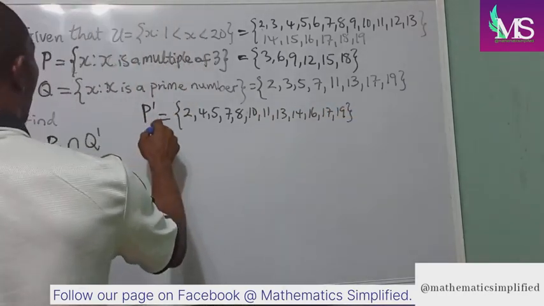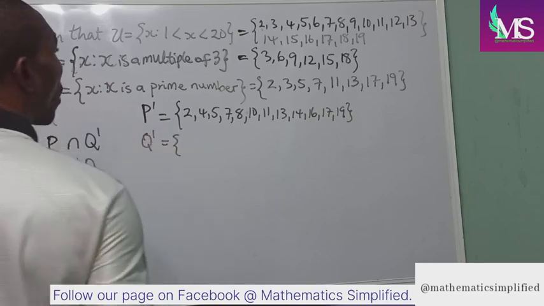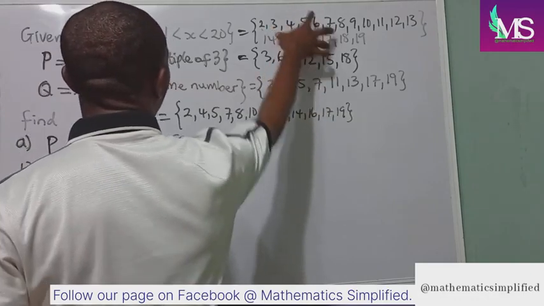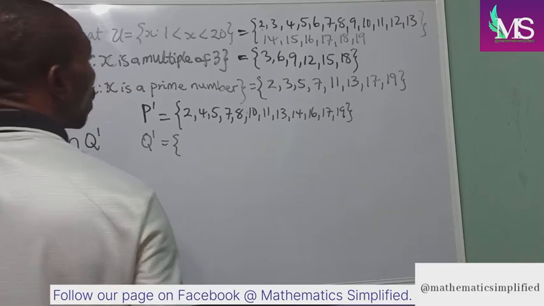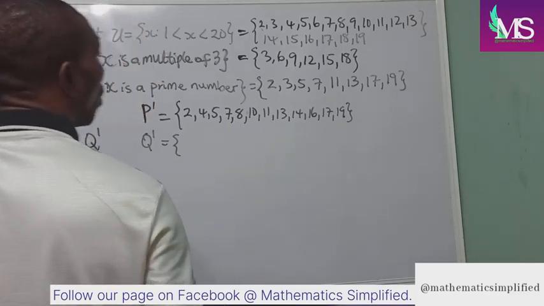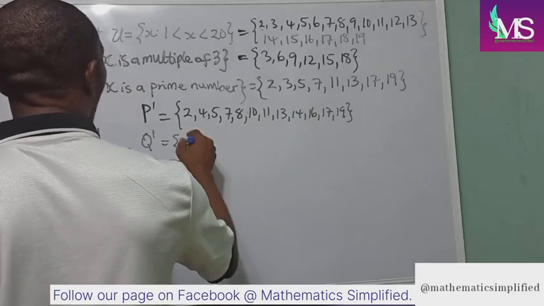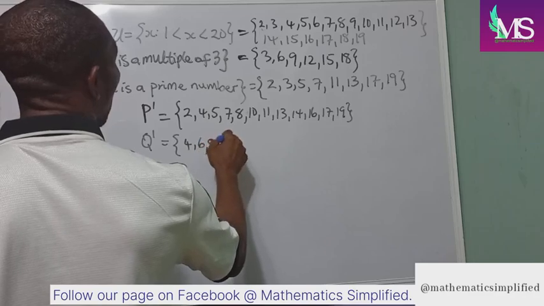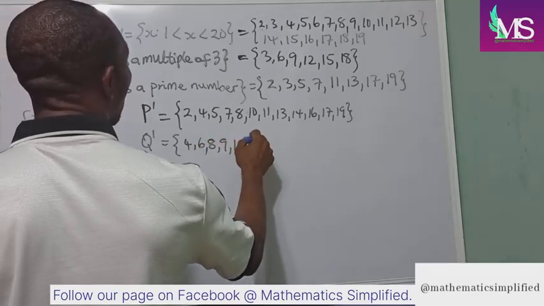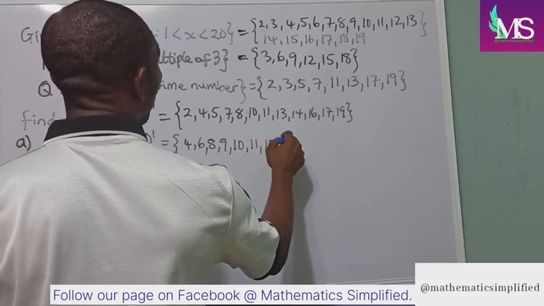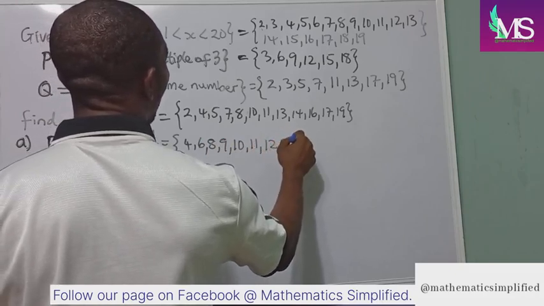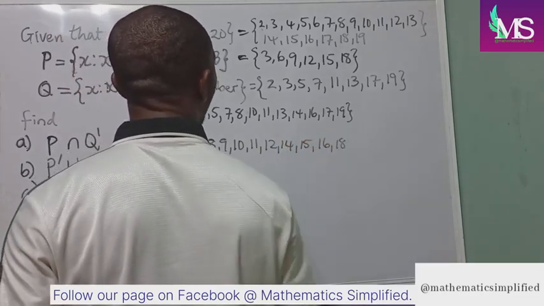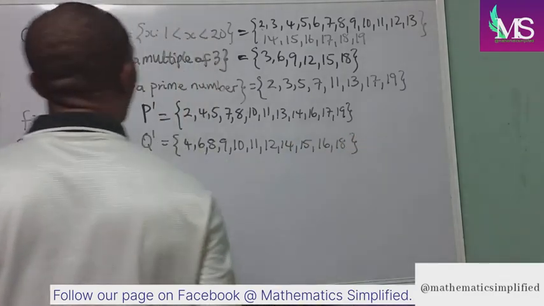Now, what is Q prime? Likewise, Q prime are numbers that are in the universal set that are not found here. Now, bearing in mind our 4, 6, 8, 9, 10, 11, 12, 14, 15, 16, 18, that will be our Q prime.